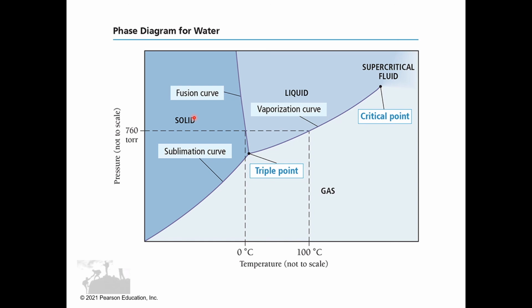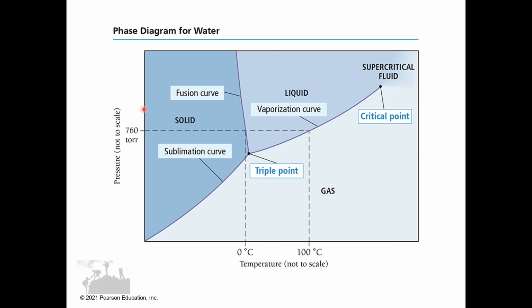Okay. Also, using this phase diagram, you can figure out which processes are endothermic and which ones are exothermic. So let's start off on this end of the phase diagram. We're at a negative temperature, so we're working with ice here. Let's just say that we're at negative 50 degrees Celsius.